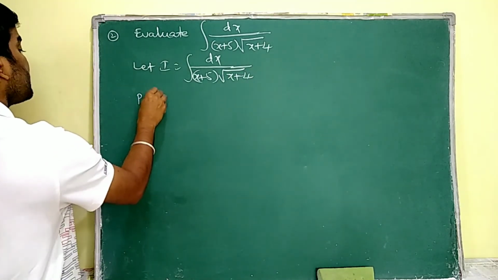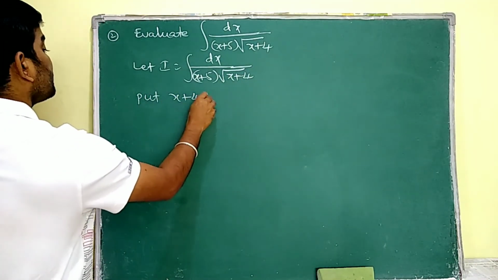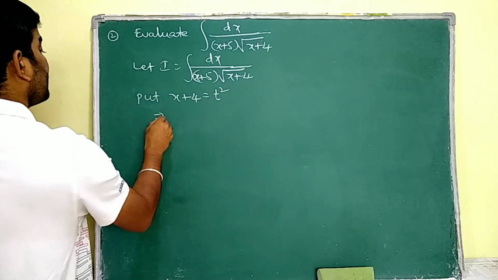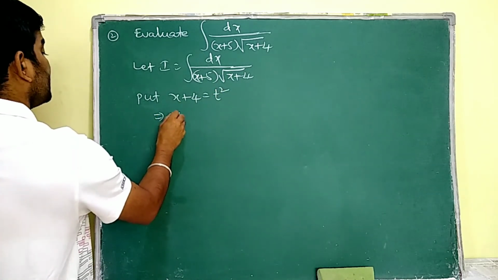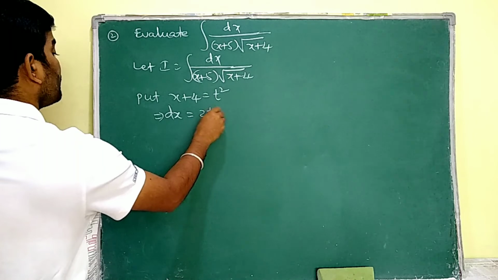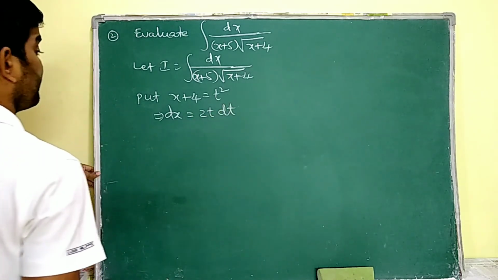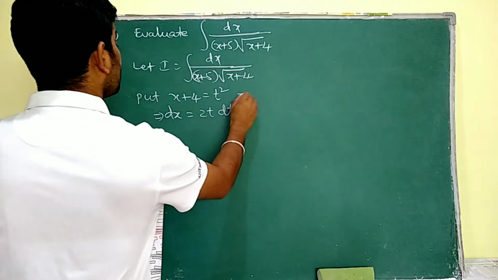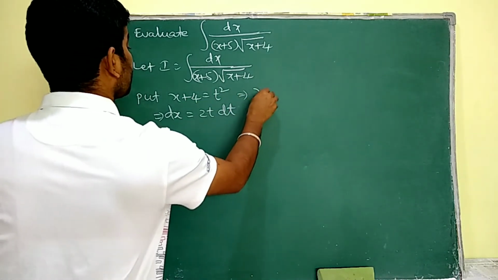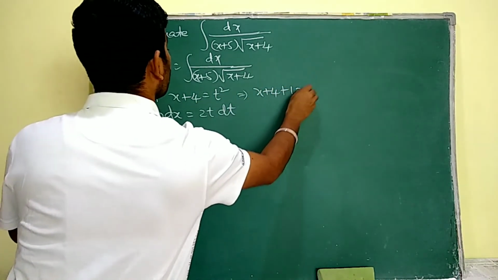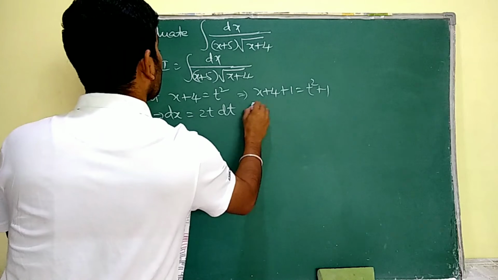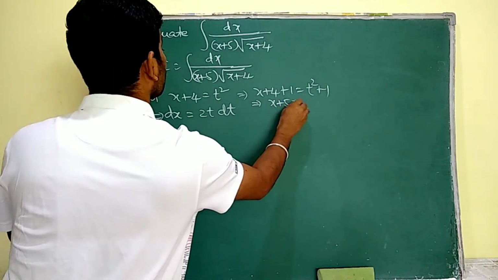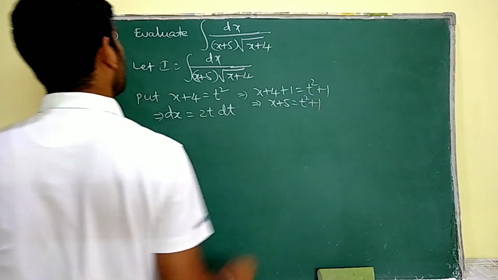For this, put x plus 4 equal to t square. That implies dx is equal to 2t dt. Then x plus 4 plus 1 is equal to t square plus 1, that implies x plus 5 is equal to t square plus 1.